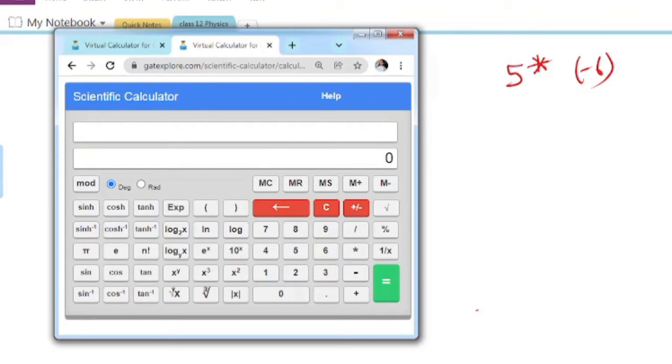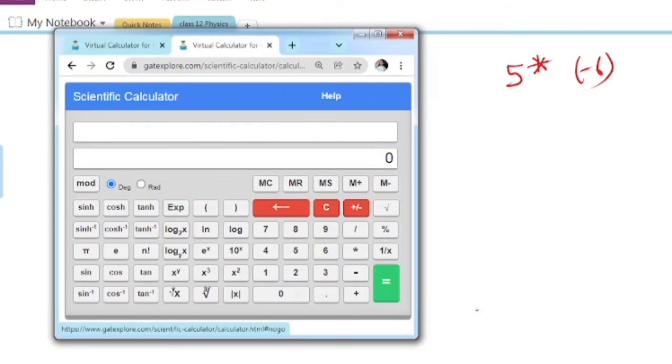Don't use brackets, it takes time if you don't have that much time. So what you have to do? Just put 5 here, multiply and use 6 and this sign. It will automatically convert the 6 into minus 6. So we have to use this plus minus sign.